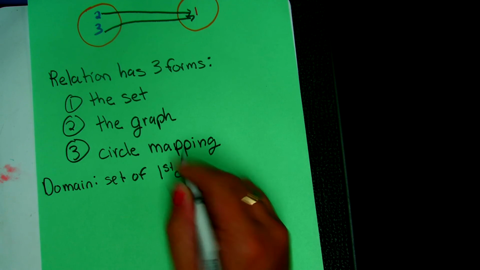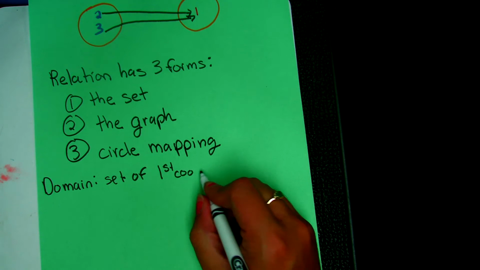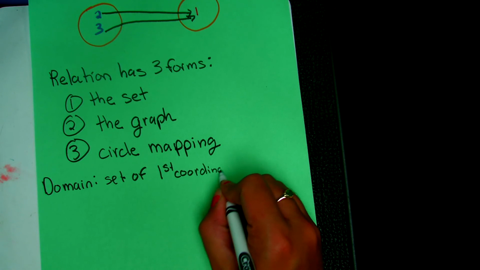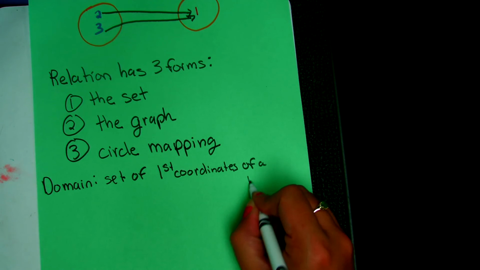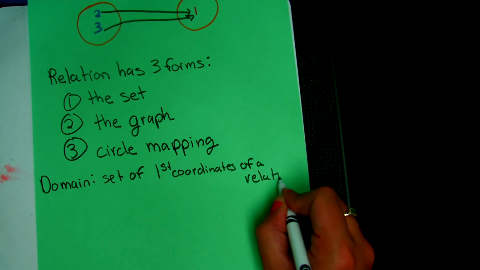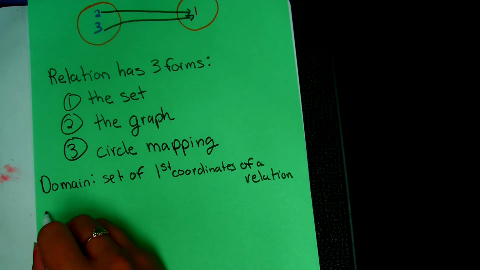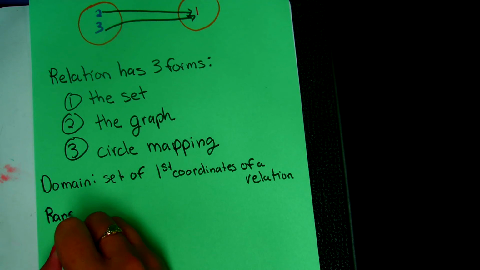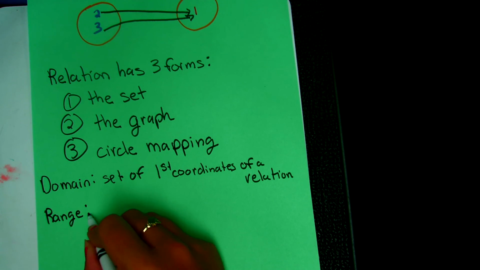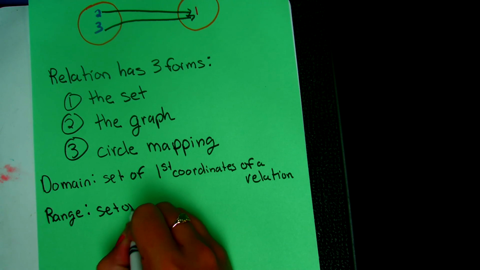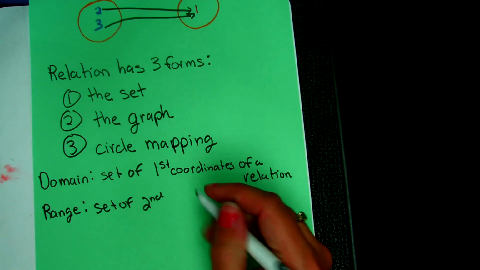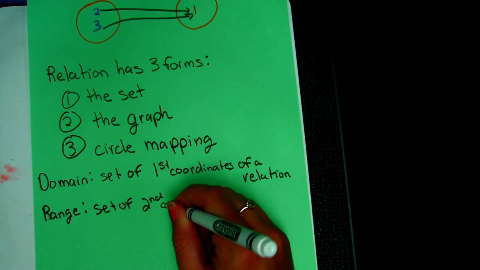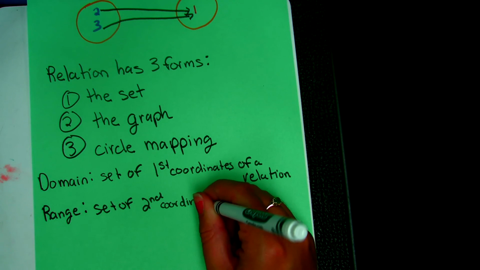Whereas range is the set of second coordinates of a relation, or the second circle.